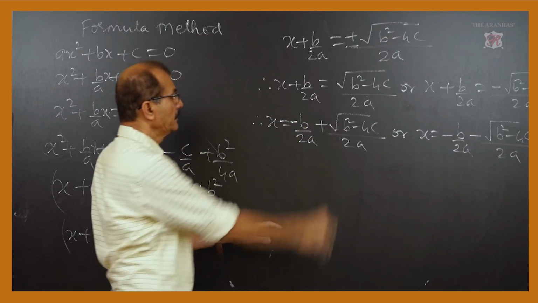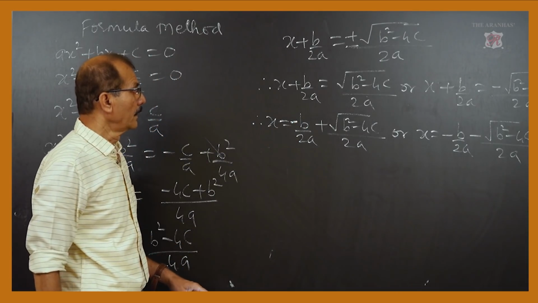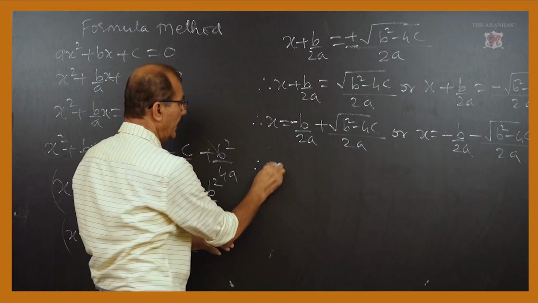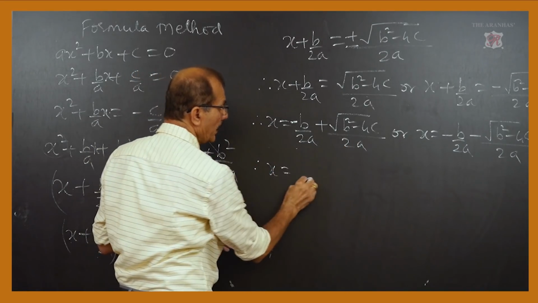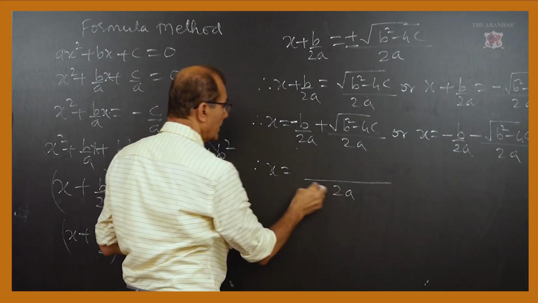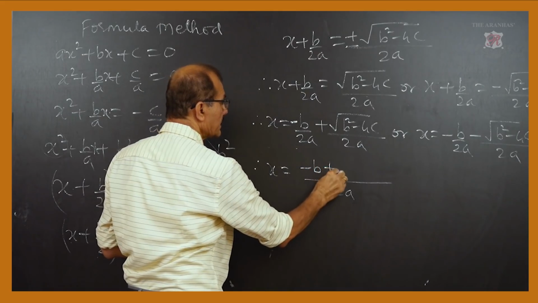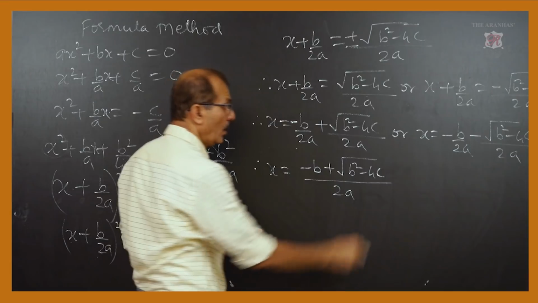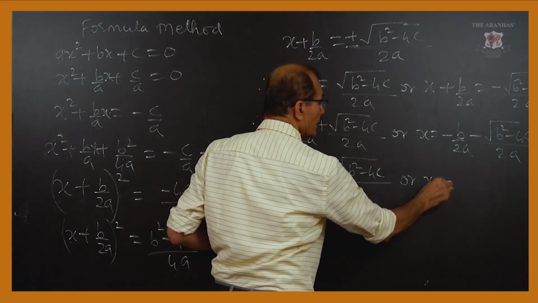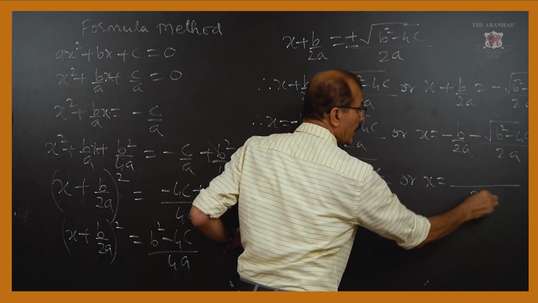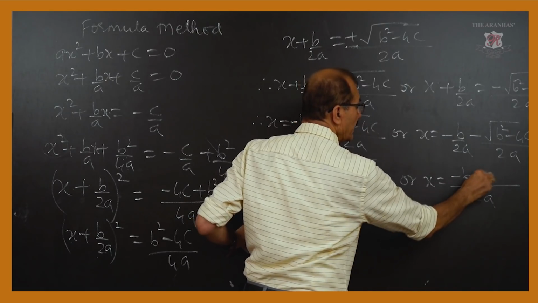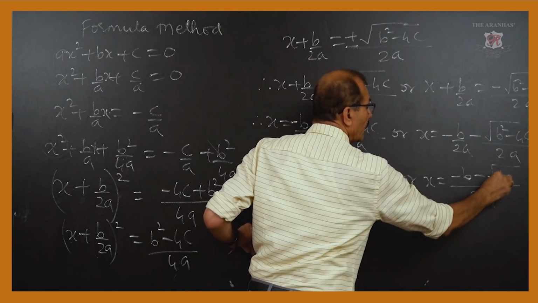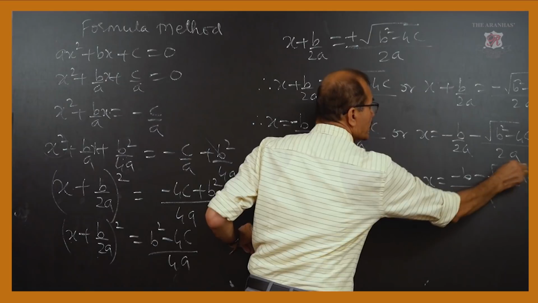Here will be minus sign. Therefore, x is equals to, LCM is 2a. So minus b plus root of b square minus 4ac upon 2a, or x is equals to, LCM is 2a, minus b minus root of b square minus 4ac upon 2a.